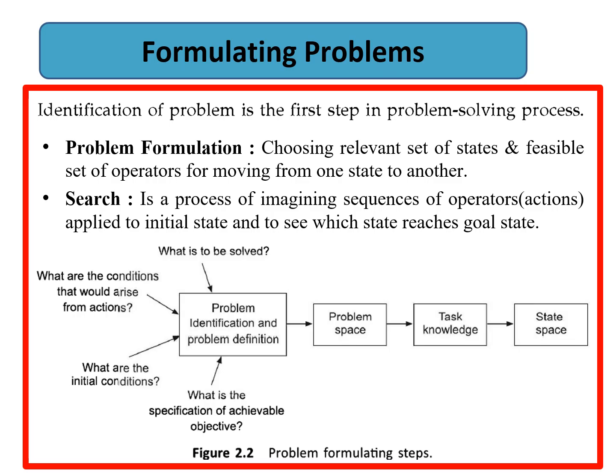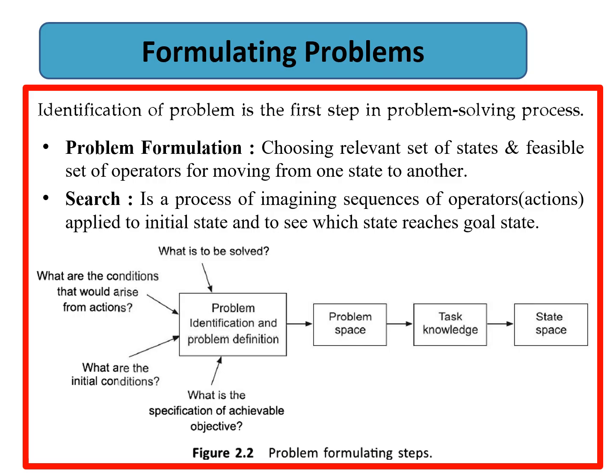The state space is the collection of states reachable from the initial state through valid actions. It is usually represented using a graph, where nodes represent states and edges represent actions. A search algorithm explores the state space to find the solution. So: problem identification and definition, problem space, task knowledge, state space, and finally the solution.